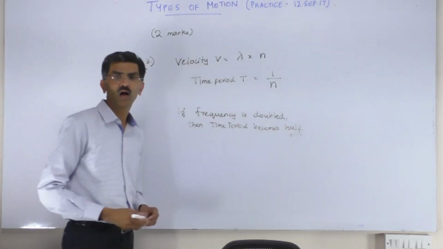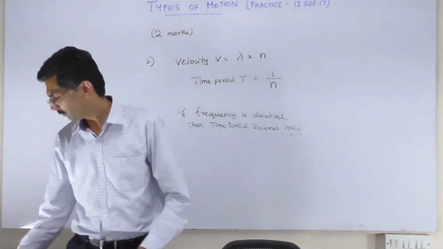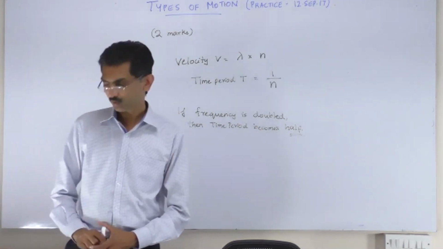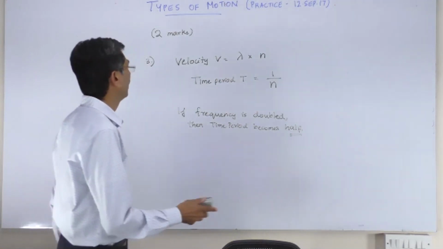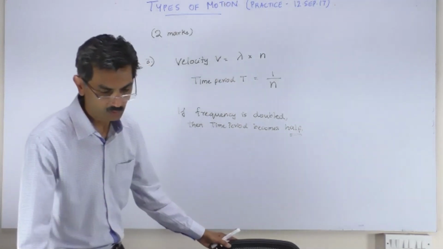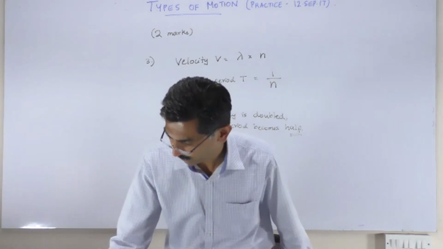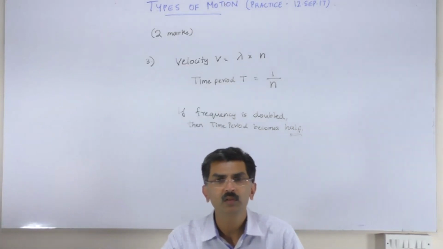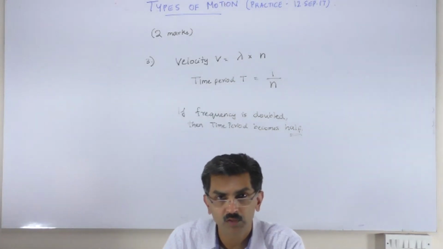It becomes half the original value. So if the frequency is doubled, time period becomes half. That is the answer to that question. So I will leave it on the board and let you copy it before we move to the next question.